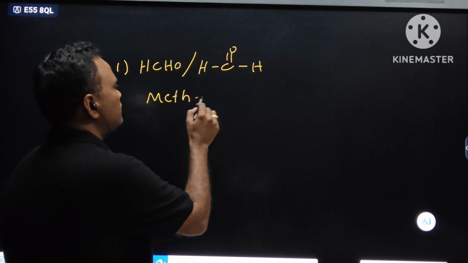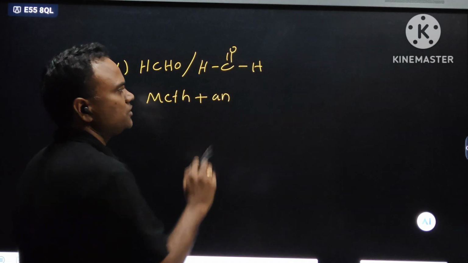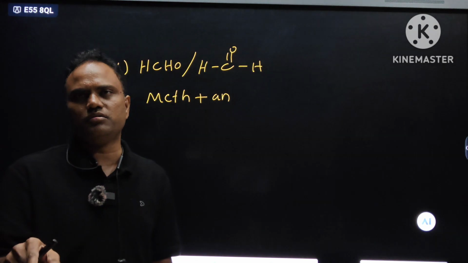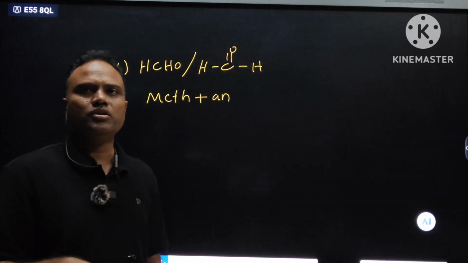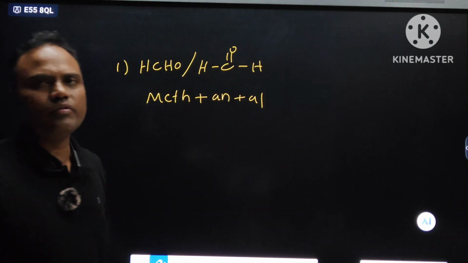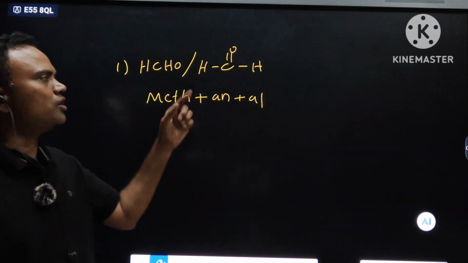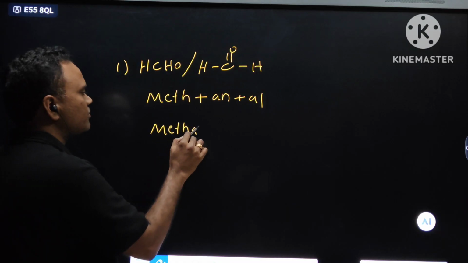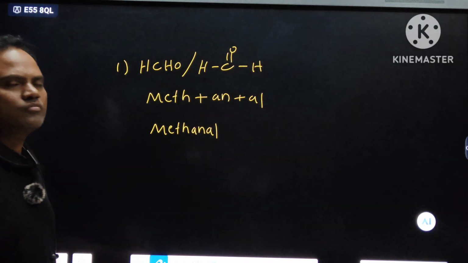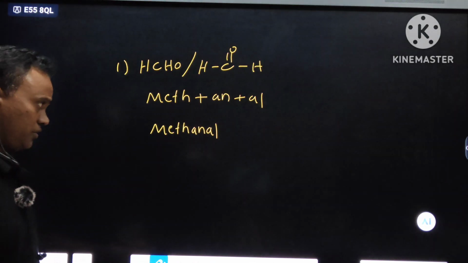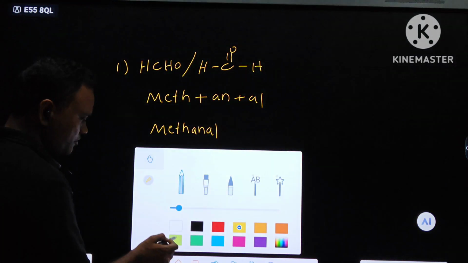So we take "ane" when carbon-carbon double and triple bonds are not present in the entire structure. Then "al", why are we writing al? Because it is an aldehyde. So meth plus ane plus al, methanal. The first compound's IUPAC name is methanal.